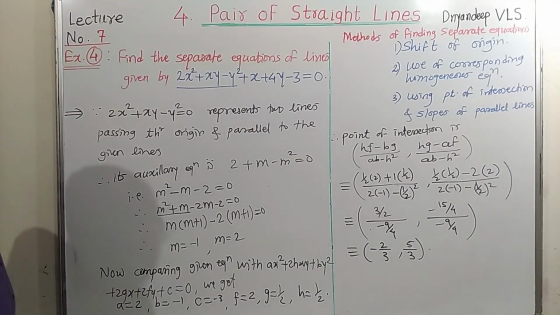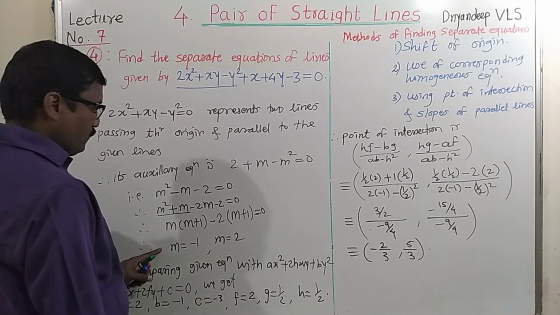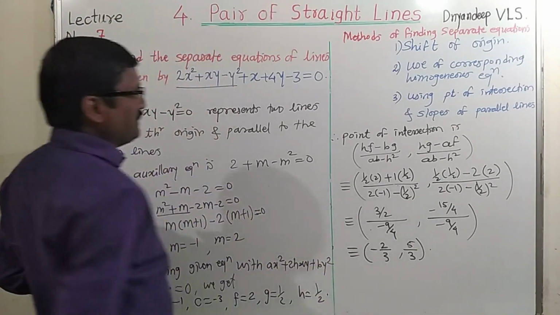So this is the point of intersection. Now we know slope and point.